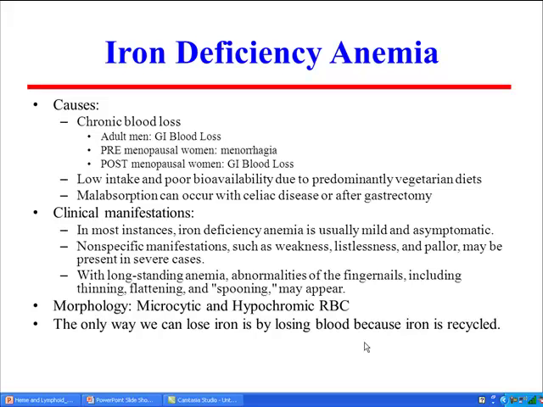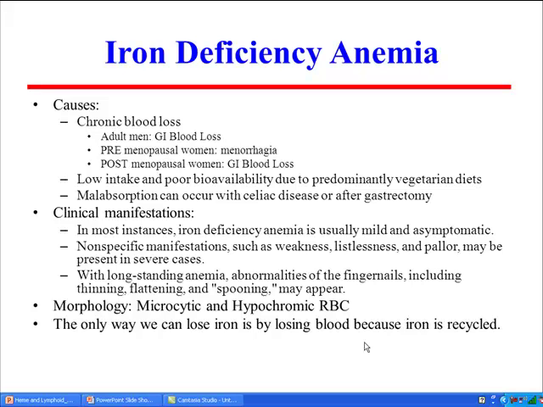Another cause of iron deficiency anemia is just low intake or poor bioavailability due to a vegetarian diet. In some diseases, such as celiac, the iron is not absorbed properly, or in gastrectomy, in which part of the stomach is removed, the iron will not be absorbed.